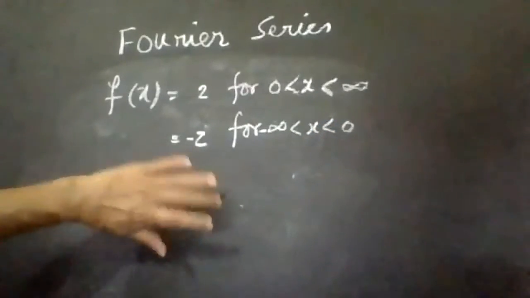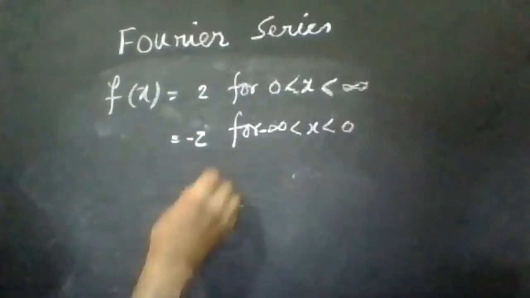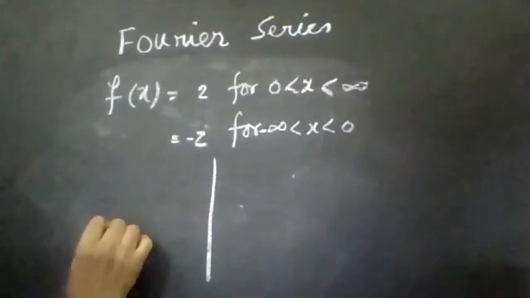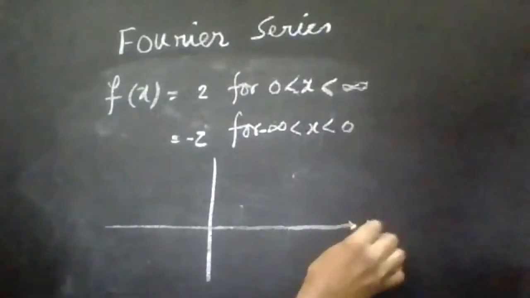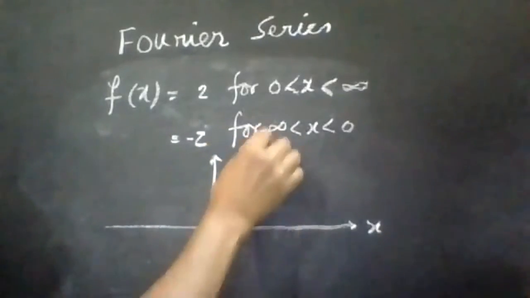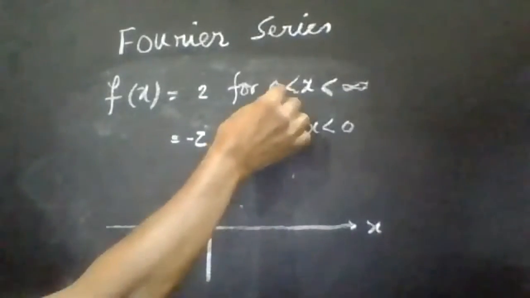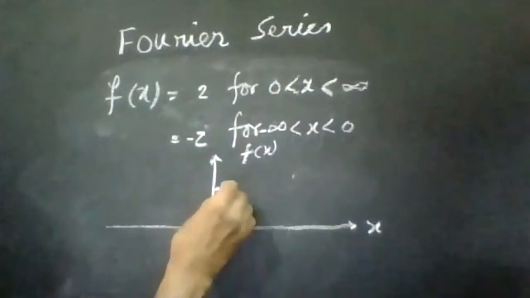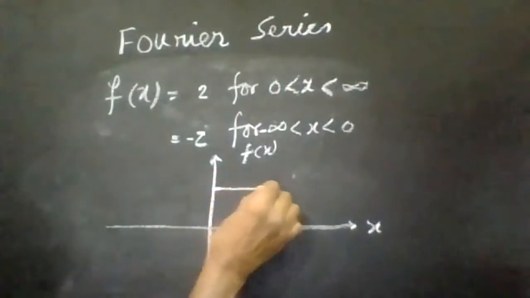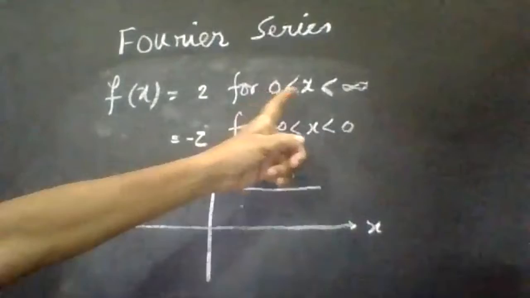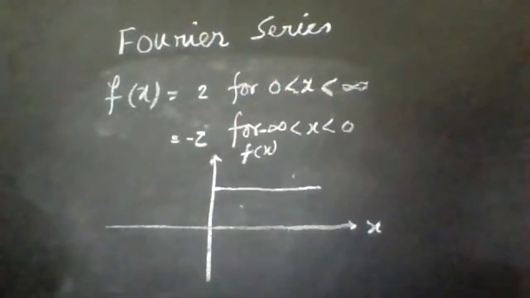So in this case we have a function like this. This is x, this is f(x). If you have this plus 2, then the function will be like this. It goes on and on towards infinity, because 0 is less than x less than infinity.